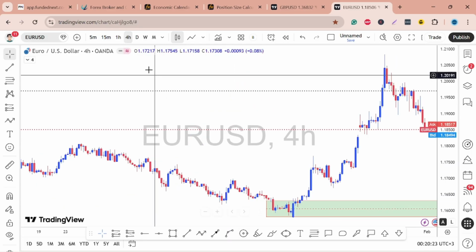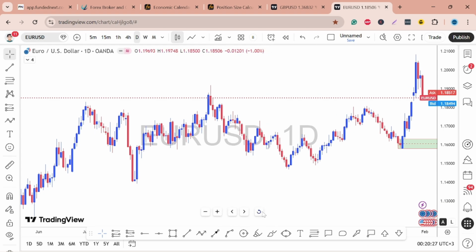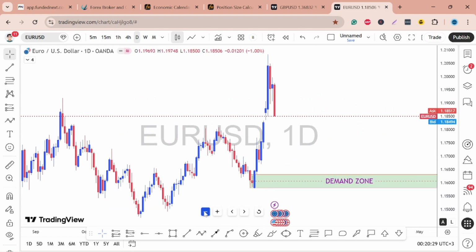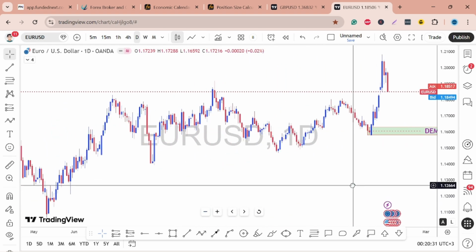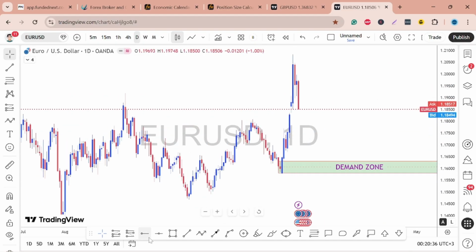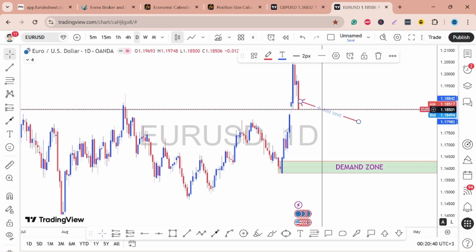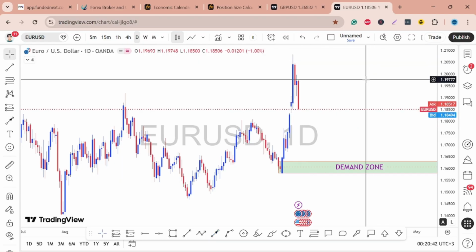Now Euro USD has also been very bullish lately. So we've been looking for buy setups even for the month of January. However, last week we closed very bearish. You can see this bearish candlestick over here, very strong bearish candlestick.